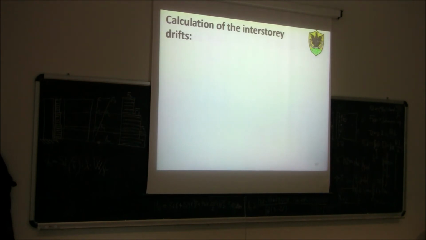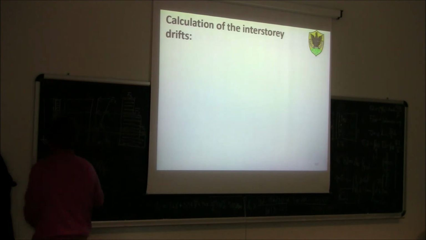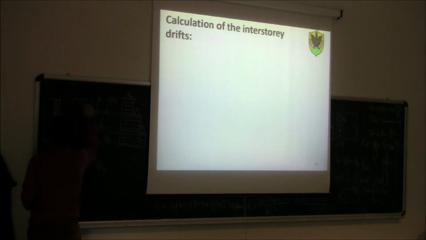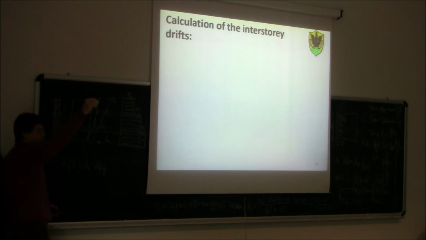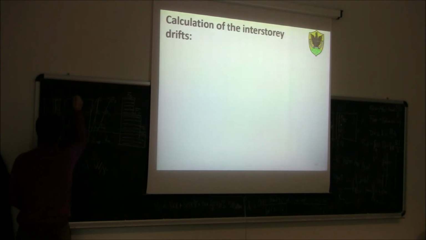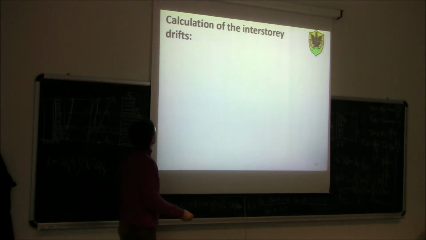For damage control, what we need to do is estimate the interstory drift, which is the difference between, basically, if this is my building, the relative displacement that happens on the story of roof with respect to the story where I am. So, interstory drifts are those relative horizontal displacements. How can we calculate the interstory drift?